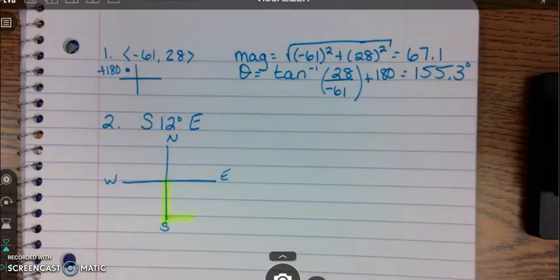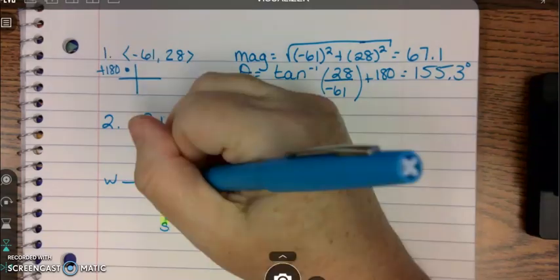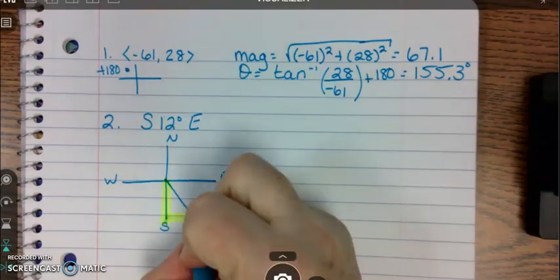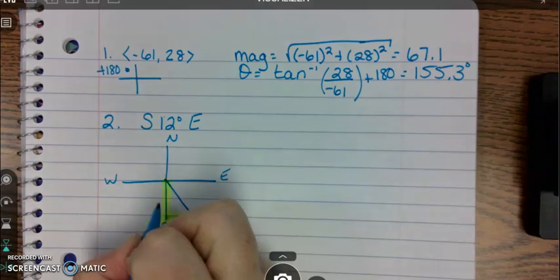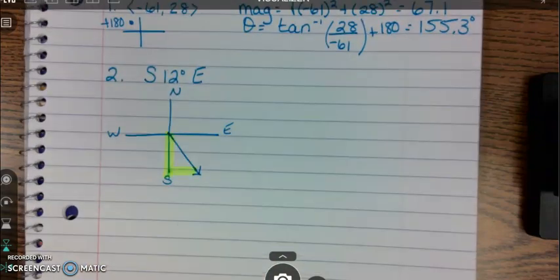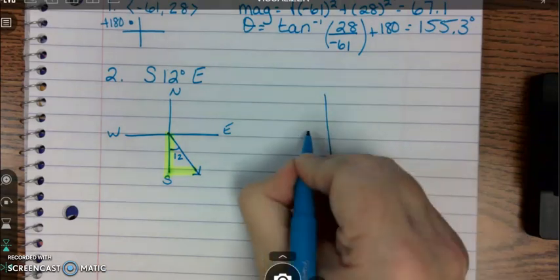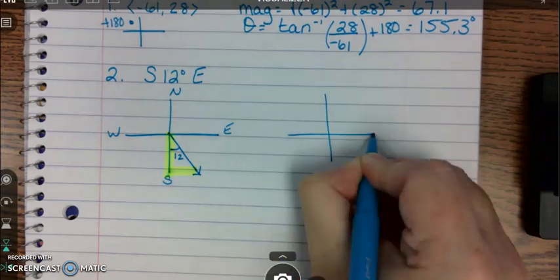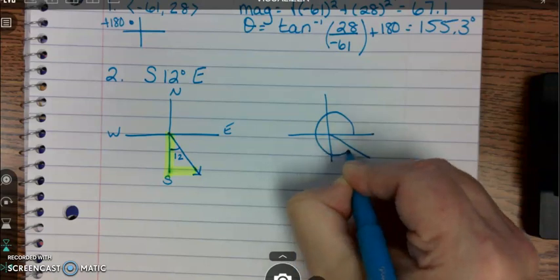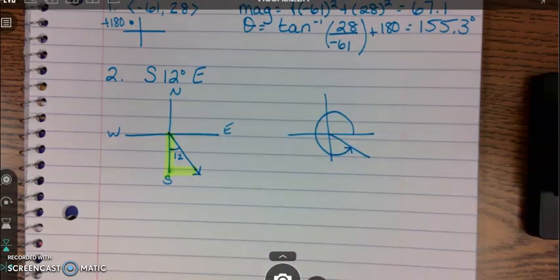So here is my vector, and this little highlighted triangle is going to be 12 degrees. We're going to redraw this, but I want this outside angle.